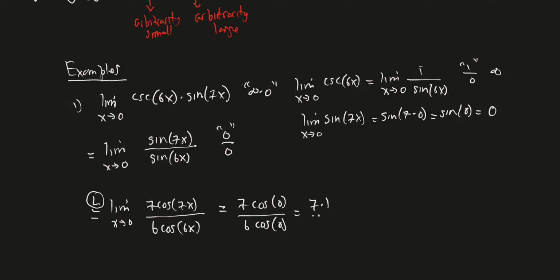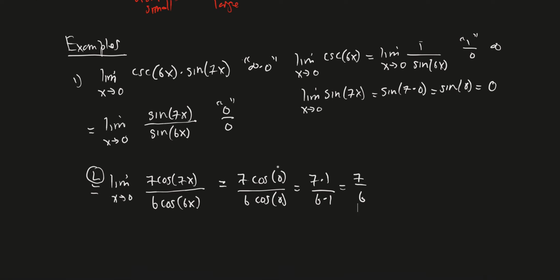So that's 7 times 1 over 6 times 1. So this limit, which started out giving us some crazy expression that we didn't know what to make of, by using what we know about trig and our new technique, L'Hopital's rule, we're able to evaluate it, and we get that this limit is 7/6.